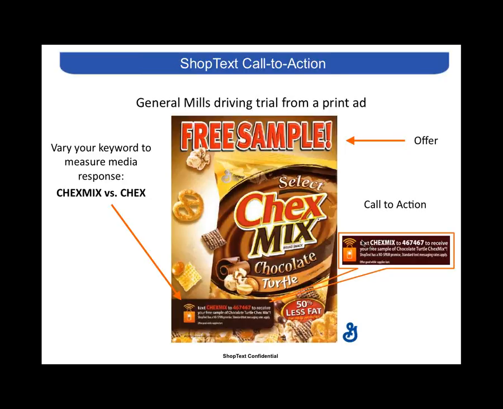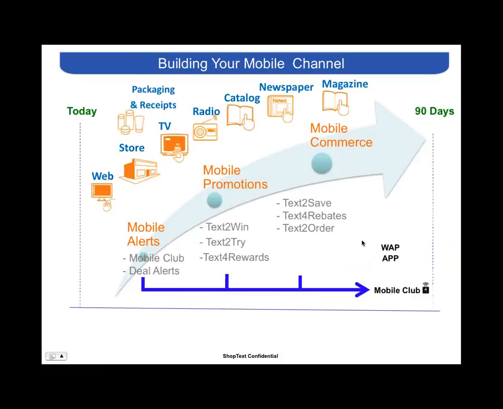So that's the kind of program where you can take any of your offline media, whether it's a sweepstakes, a coupon, or a sample, and connect it directly to fulfillment.